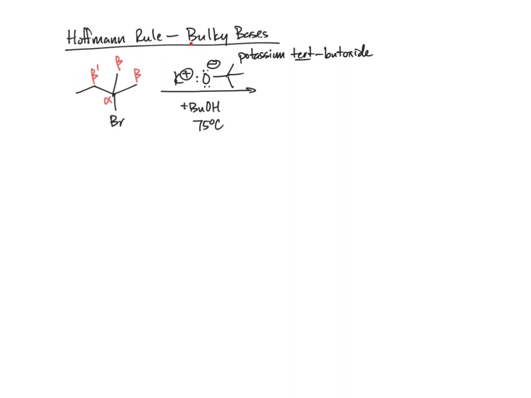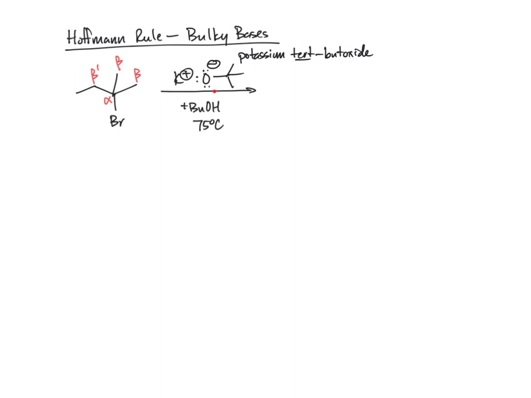So this is what is referred to as potassium tert-butoxide. This is a bulky base. You have a tertiary carbon bearing 1, 2, 3 methyl groups. This is a big base. So the Hofmann rule, as opposed to what we just saw, the Hofmann will always deprotonate from the less substituted carbon, the less substituted beta carbon.